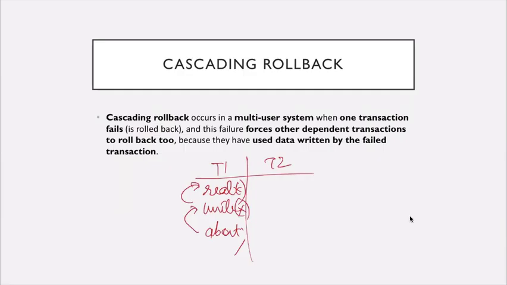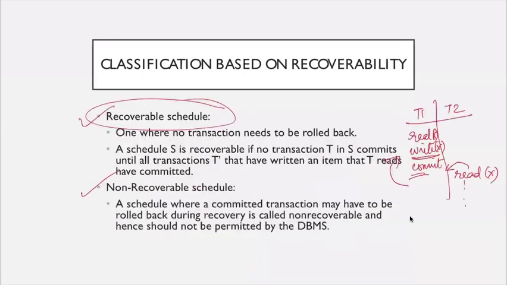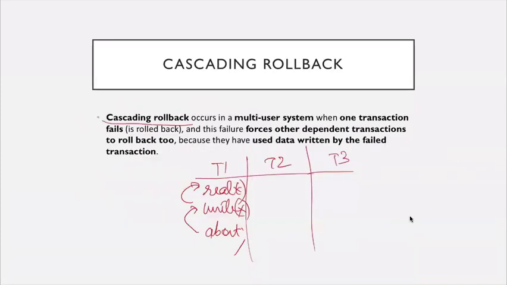Now, in a multi-transaction system, we can have a cascading rollback when one transaction fails. As a result of this failure, other transactions, say T2 and T3, also have to be rolled back because of the data they have read.